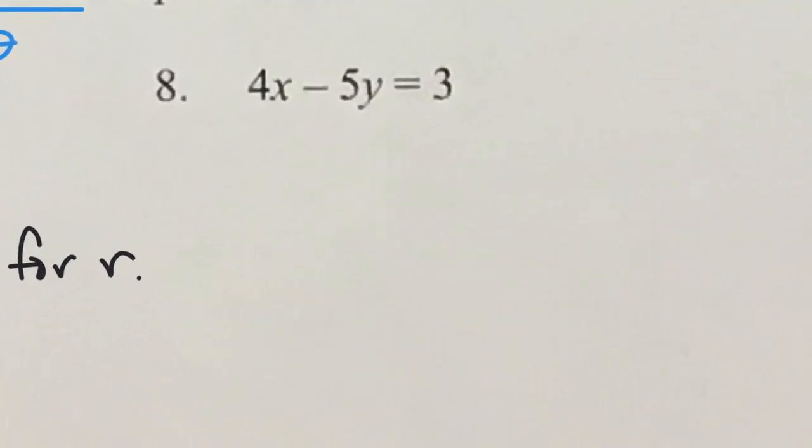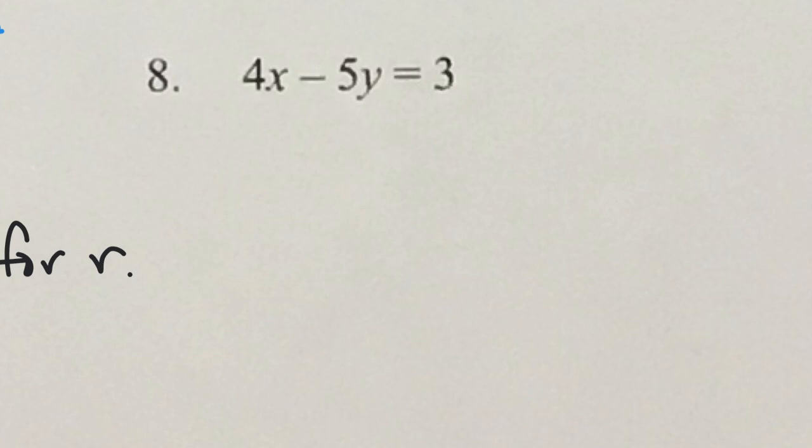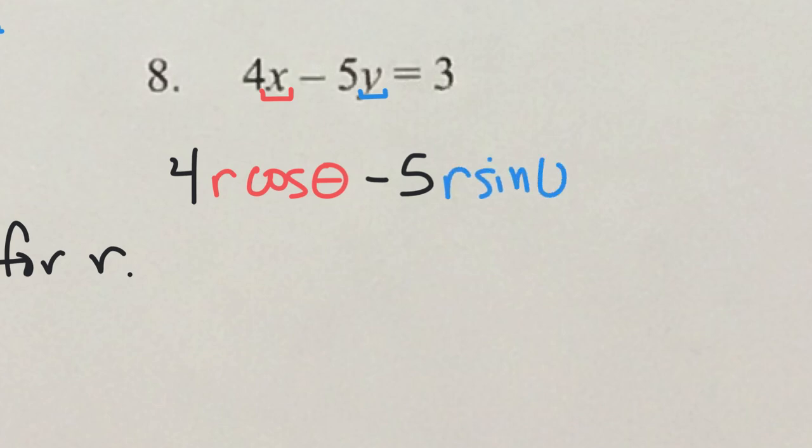Okay, number 8, what things can we replace? We can replace x, and we can replace y. So we replace x with r cosine theta, and we replace y with r sine theta. So this one is a straight replacement.